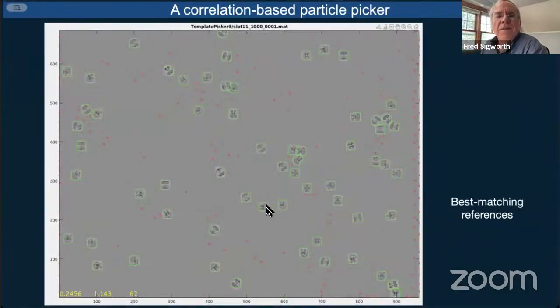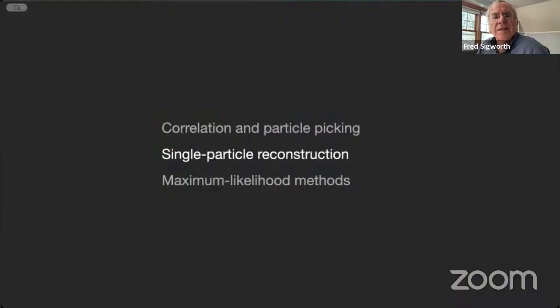You can, in principle, go back and ask which of those references fit best at each of those locations. So that's an example of a simple particle picker, and it's done by this operation, correlation, which is really similar to convolution, and it's vastly accelerated by Fourier transforms.